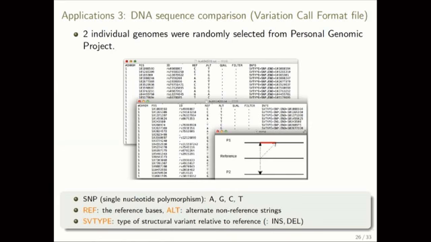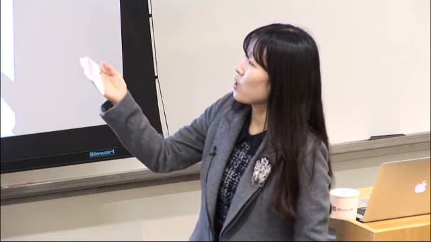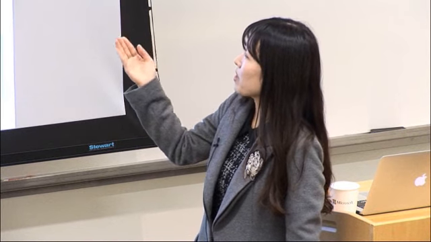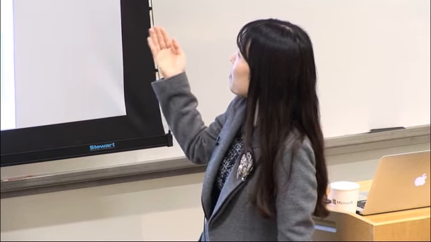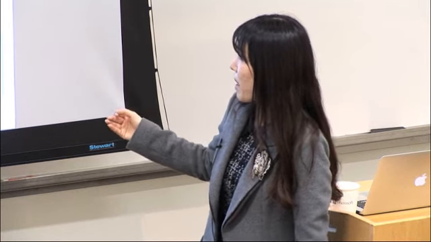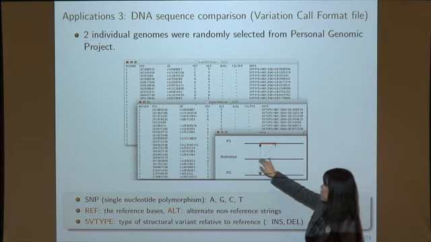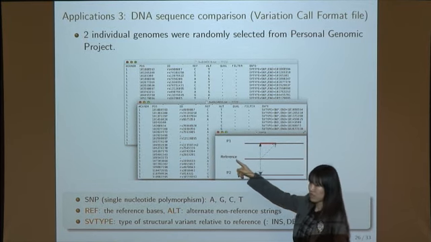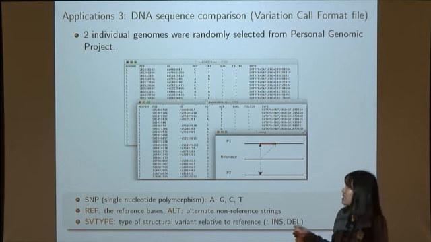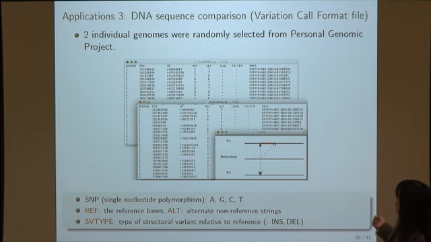For a task of DNA sequence comparison, suppose that two individual genomes were randomly selected from Personal Genome Project. And we want to compare two sequences with reference genome, which was known publicly. And the information of two genomes were provided as a variant call format file.